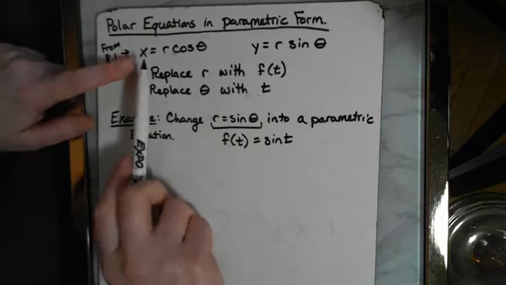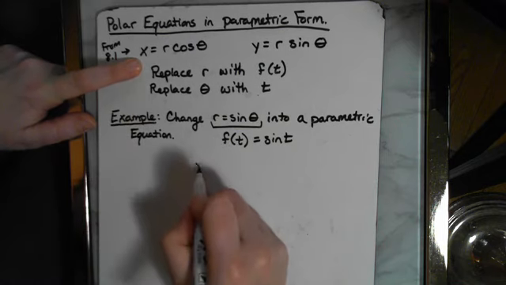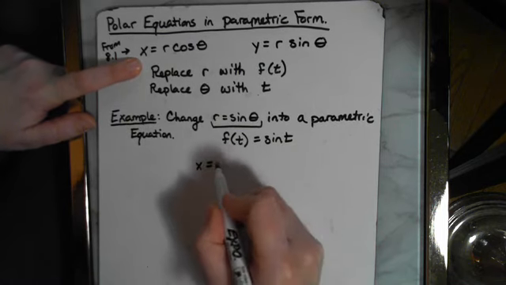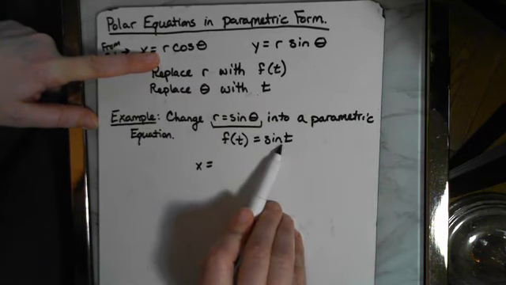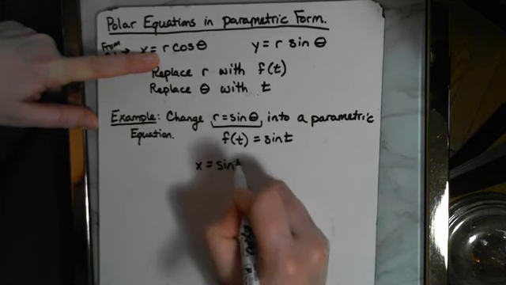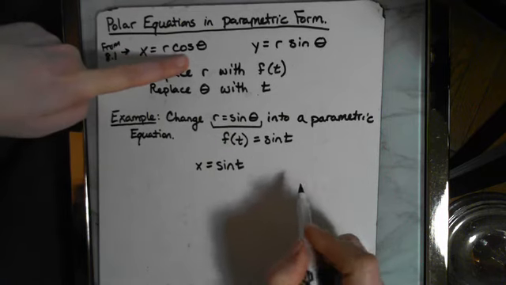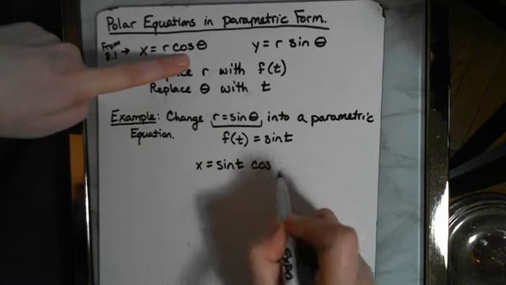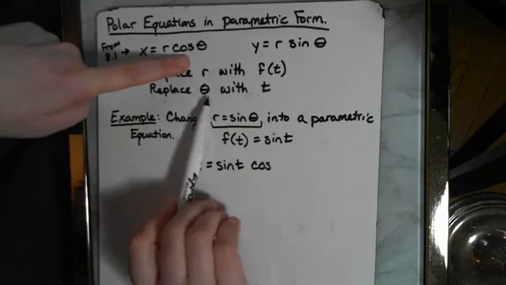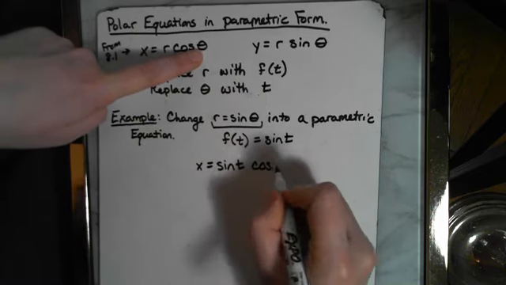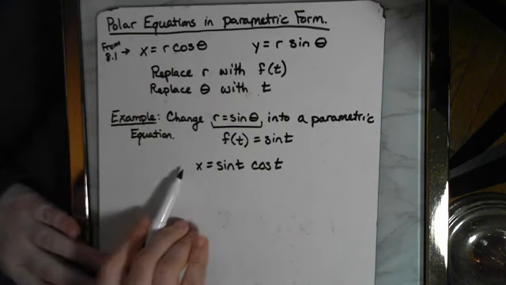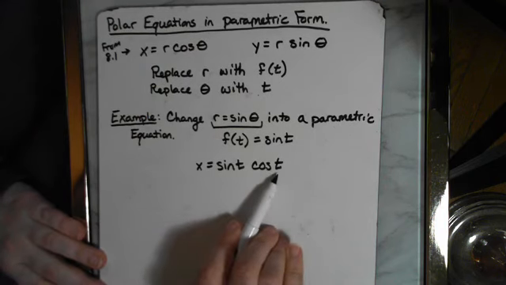Up here, I get x equals r, and r is the f of t that I just did, sine t, times cosine, and it says replace theta with t. So this theta is going to turn into a t. So this is the x for my set of parametric equations.